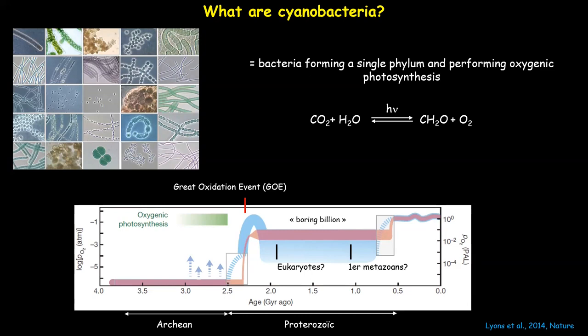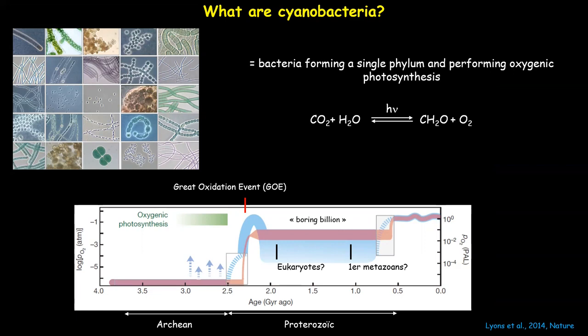It was invented by cyanobacteria. It's only later on that some eukaryotes, some algae, also acquired this capability to perform oxygenic photosynthesis. You know that plants or algae can do that as well, but this was due to some symbiosis with cyanobacteria.